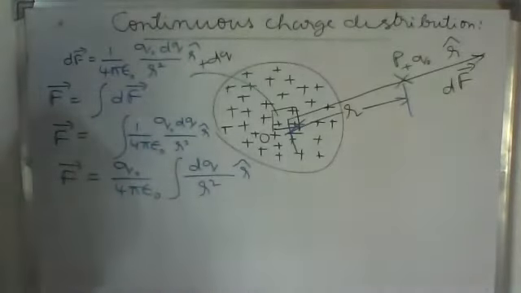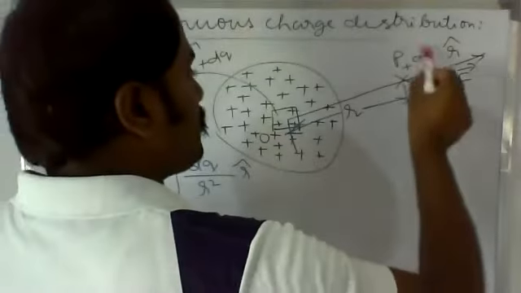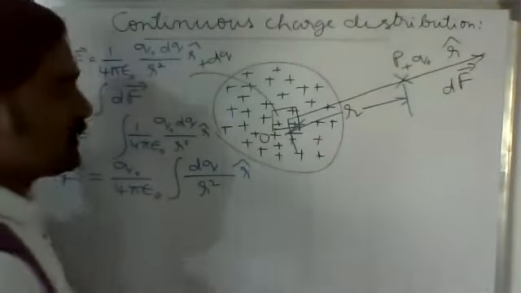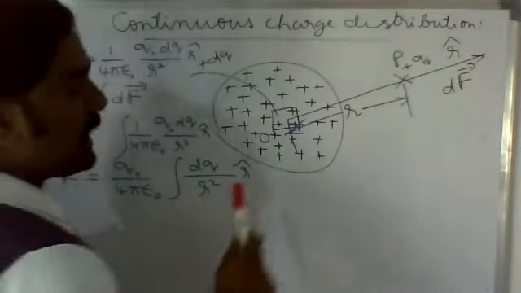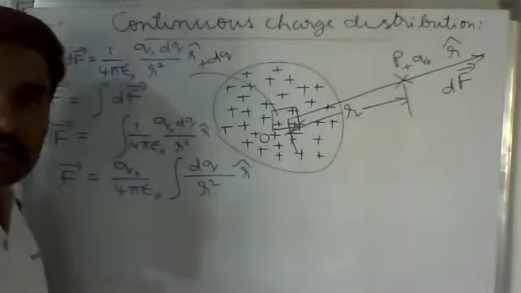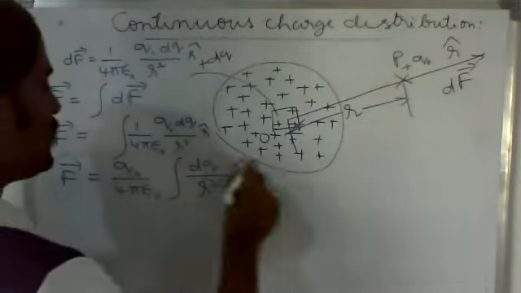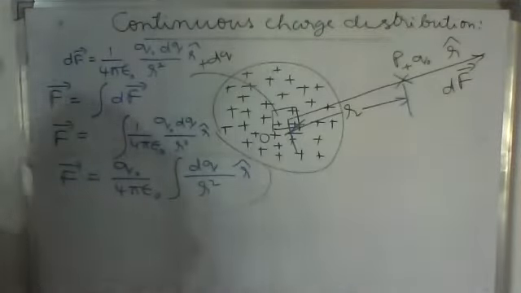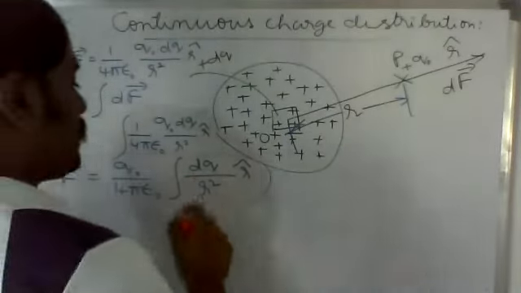So this is the mathematical expression for the net force acting on the unit positive test charge due to the continuous charge distribution, the net force at point P near the continuous charge distribution. And this formula is very, very important: F vector is equal to Q naught divided by 4 pi epsilon naught, integration of dq divided by r square into r cap.